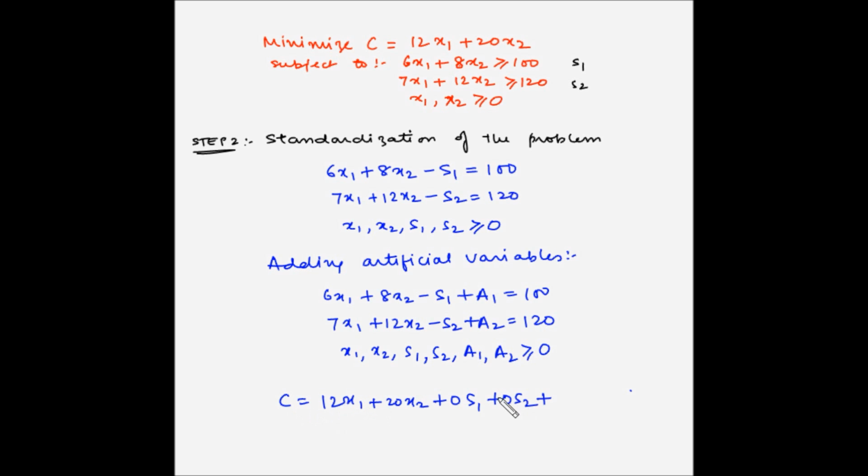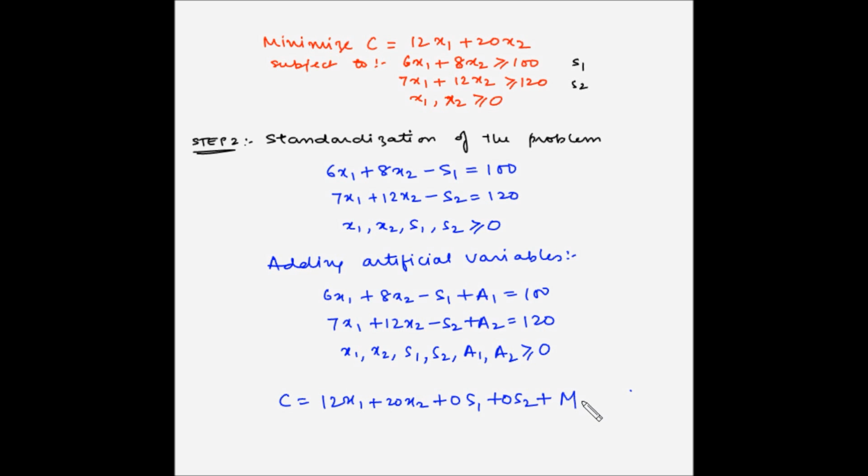So we need to assign the a1 artificial variable and the a2 artificial variable a coefficient which has a very high cost. Since it will have a very high cost, during the solution of this problem, it will automatically get eliminated.